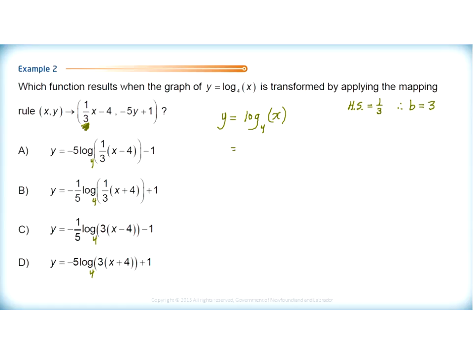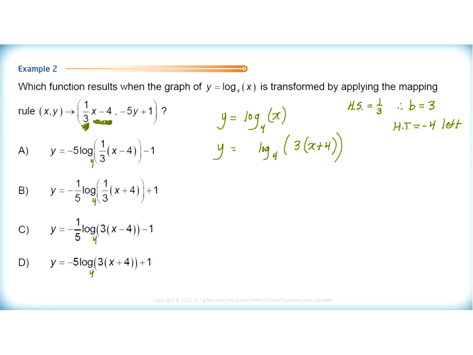So we will have y equals the log of 3 multiplied by, and if we have x minus 4 in the mapping rule, that tells us that we had a horizontal translation of 4 units to the right, so you will see x minus 4 in the equation.